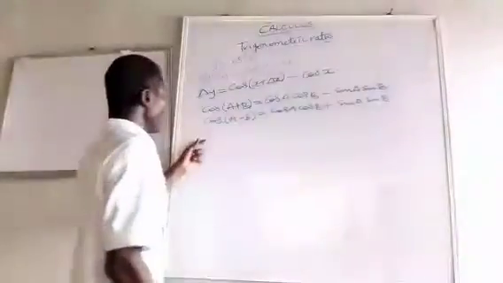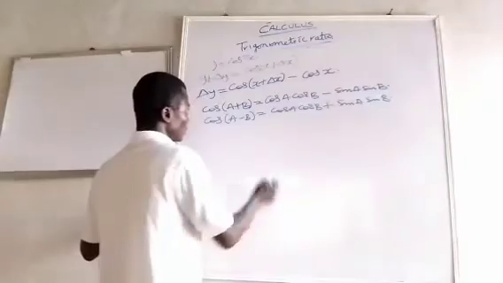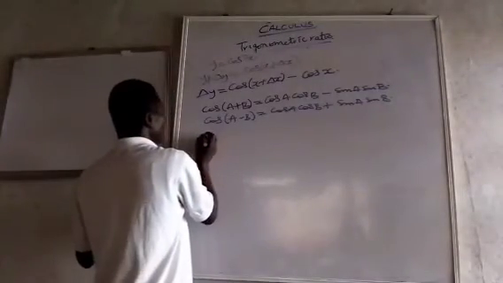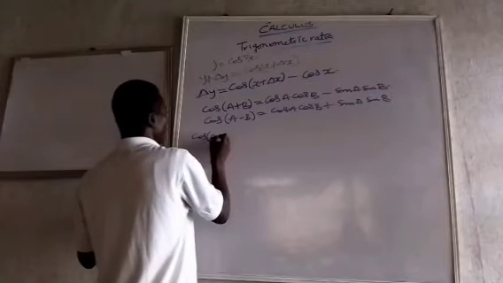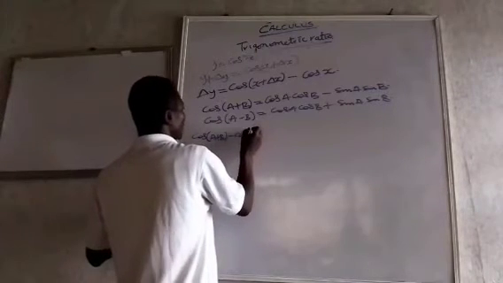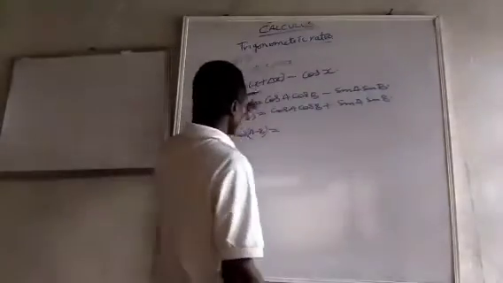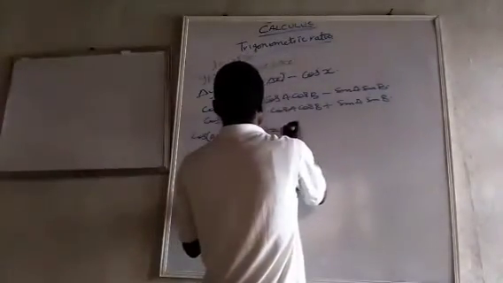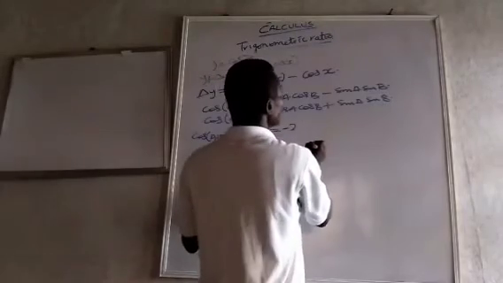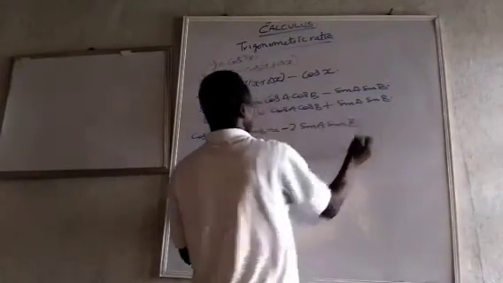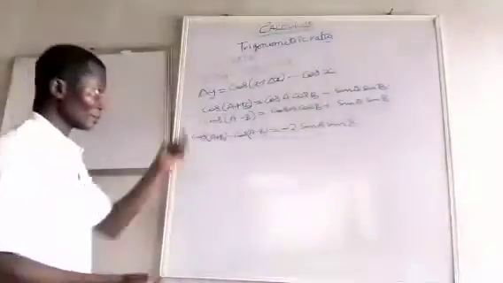Now, if we subtract these two, I'm going to have cos(a plus b) minus cos(a minus b) will give us minus 2 sine a sine b. You get that? Minus 2 sine a sine b.